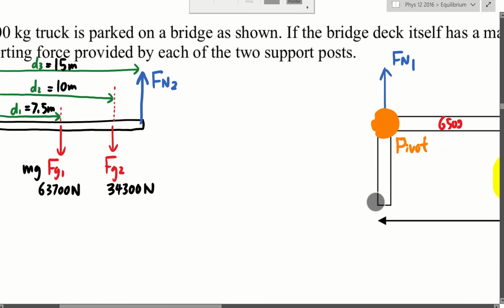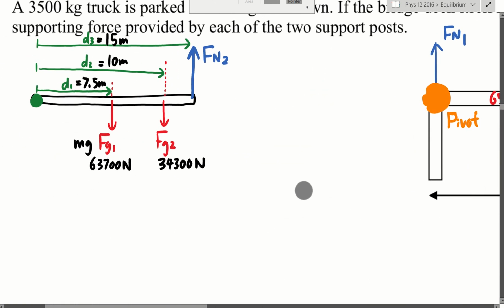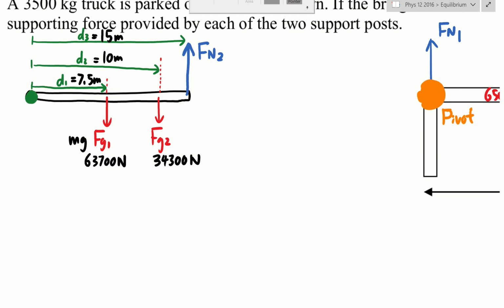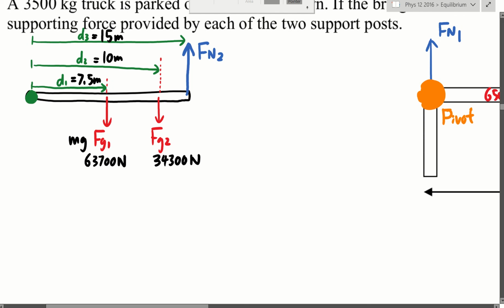All right. Our prep work is done. Equations. Torque clockwise equals torque counterclockwise. Now, can you tell me which force is clockwise and which force is counterclockwise? There are 3 forces.